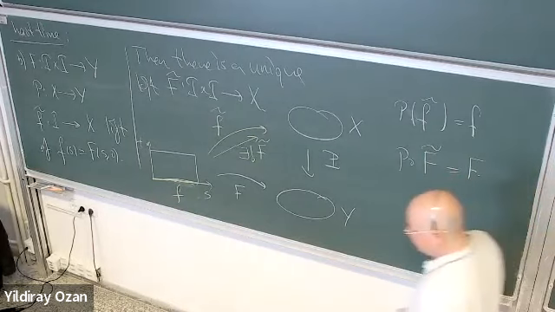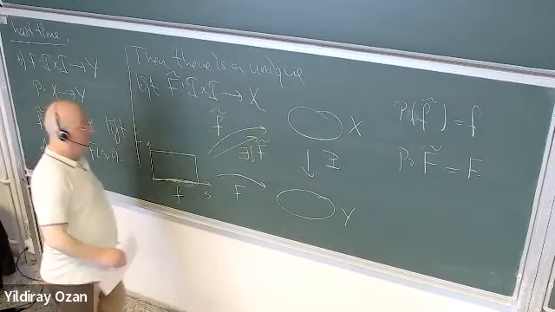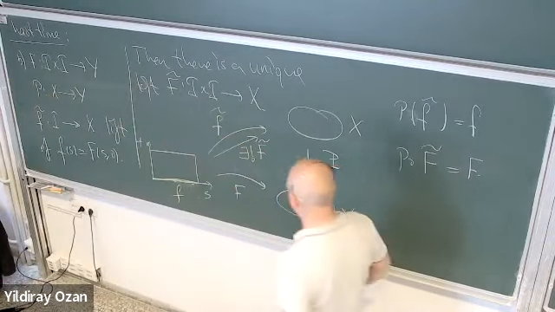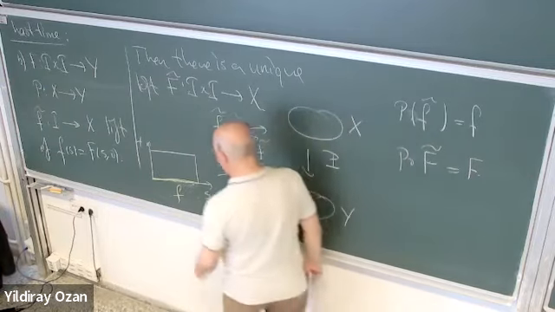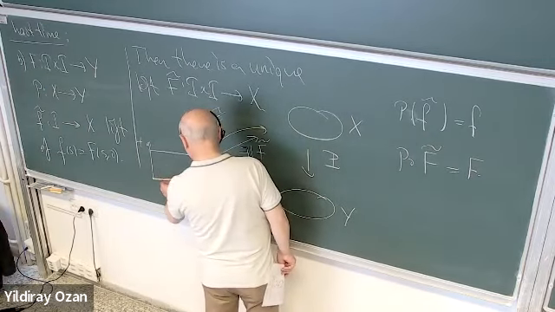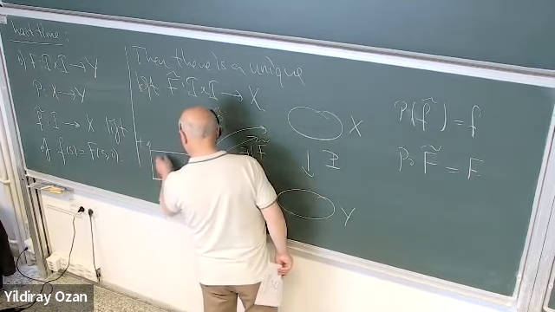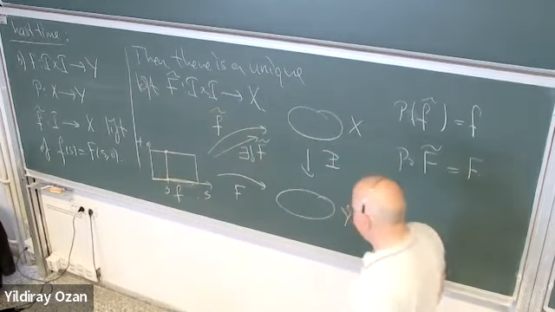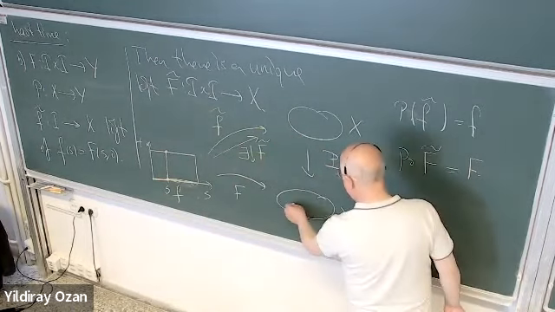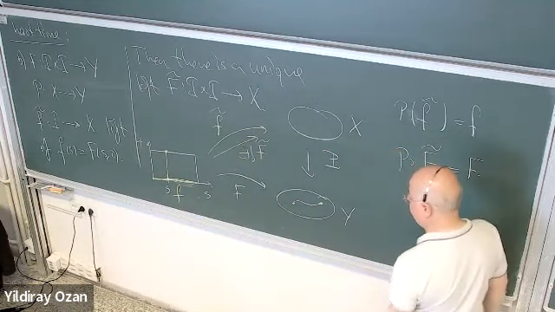And how did we define this function? We used actually curve lifting. We did the following. For any fixed s, we look at this line segment. That line segment gives us a path here.